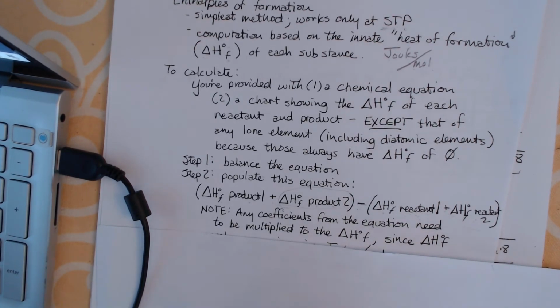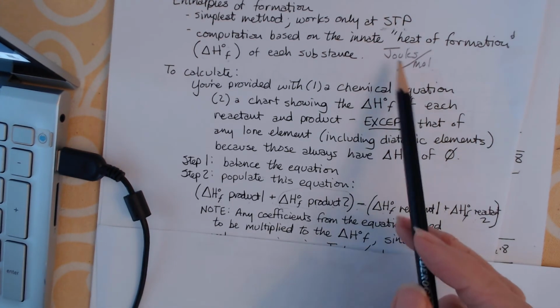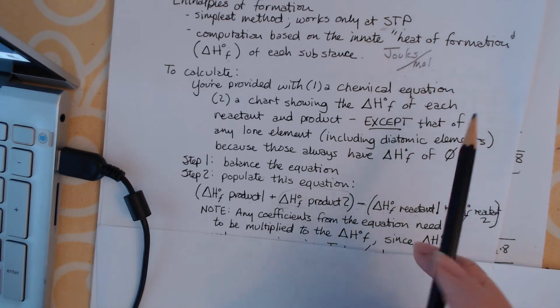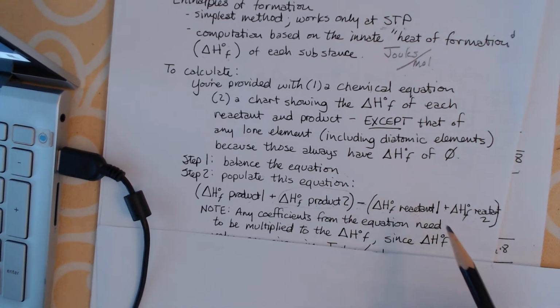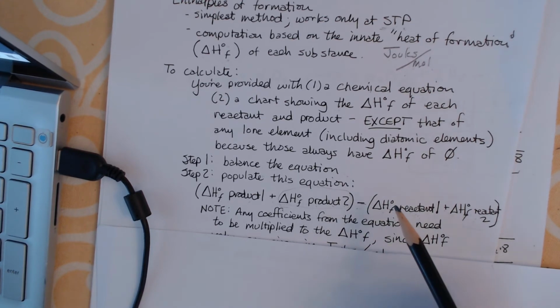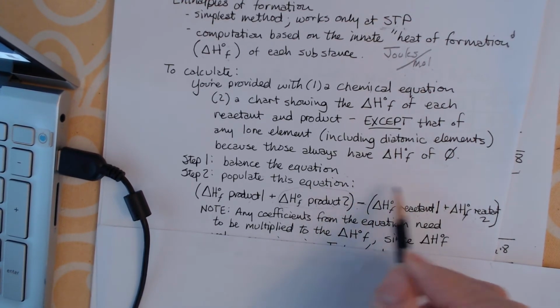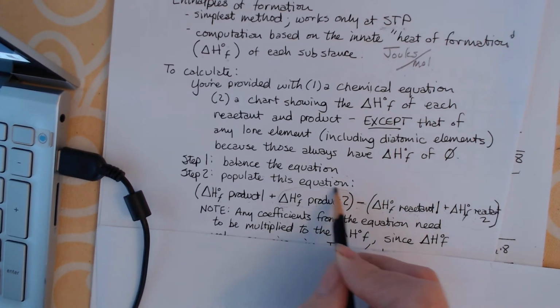Now, there's one more thing that we have to know, and that is this is all based, as I said up here, on joules per mole. So if you have balanced your equation in step one and you see that something has a coefficient, then you've got to go in and say, okay, I had a coefficient of 2, for example, on this.